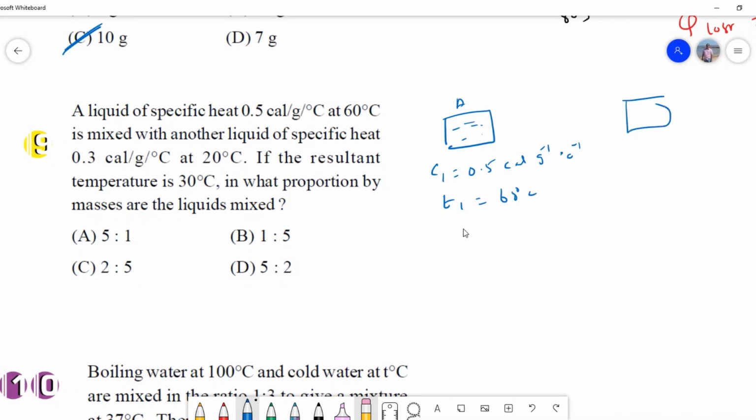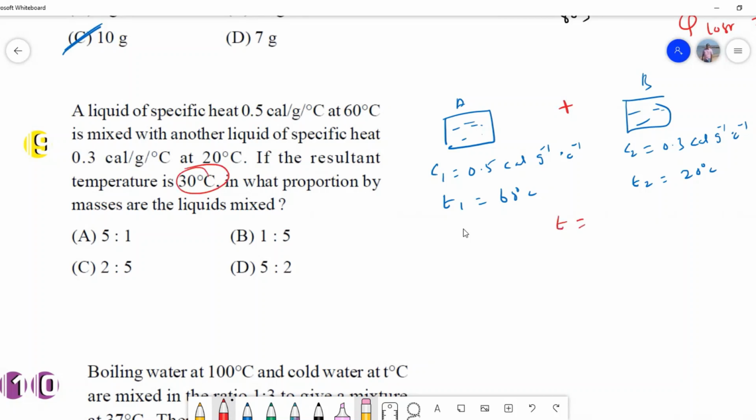And there is another liquid B, whose specific heat is 0.3 calorie gram inverse centigrade inverse, and whose temperature is 20 degrees centigrade. Now it is given that when you mix them, the resultant temperature is 30.